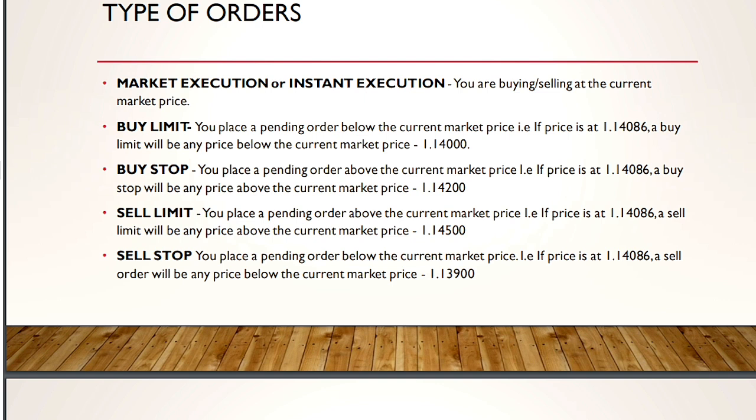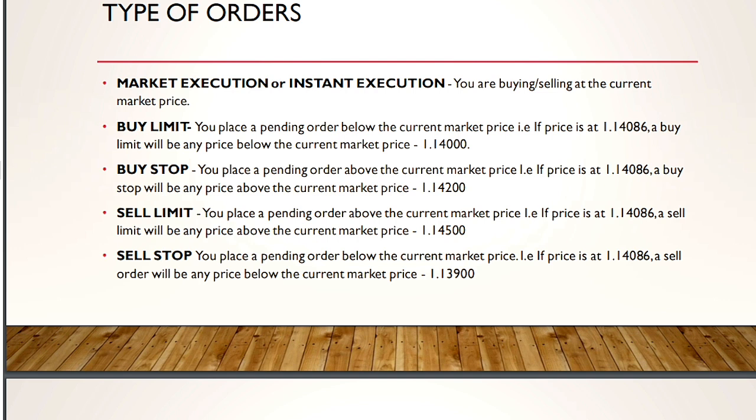Your buy limit is always below the current price, just have that at the back of your mind. So for you to place a pending order at buy limit, the price will be below the current price, so you are placing your order below the current price.